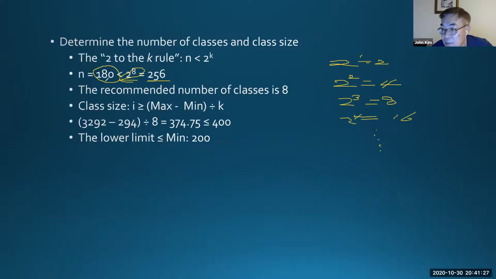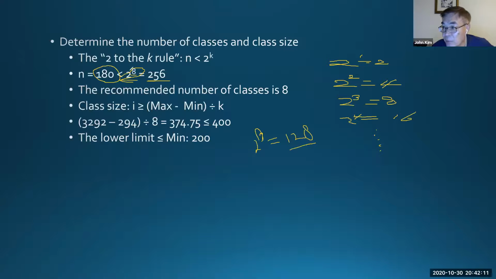So 2 to the k rule: the sample size should be less than 2 to the k. If k is 7, that is 128. So to satisfy 2 to the k greater than sample size, if k is 7, it does not satisfy.